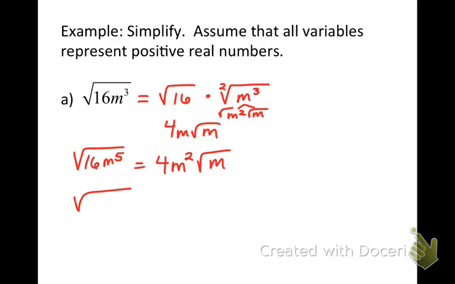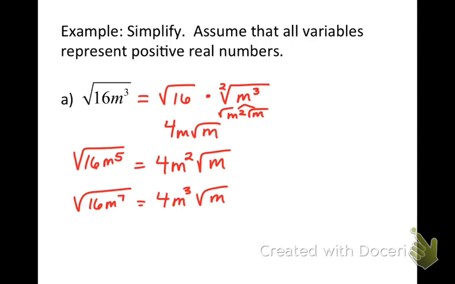If it was the square root of 16m to the 7th, it would be 4m to what power on the outside? 3 with 1 left over. So, whenever you have an odd exponent on any of your variables with a square root, you are always going to be left with one of your variables underneath the radical sign.